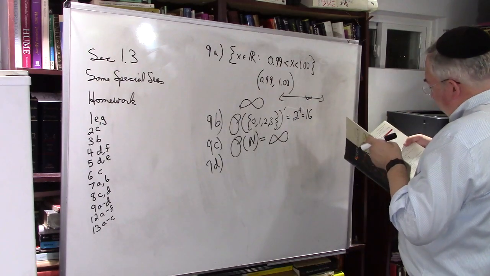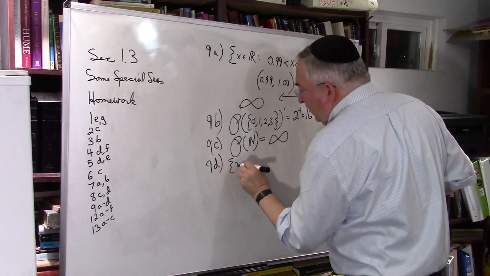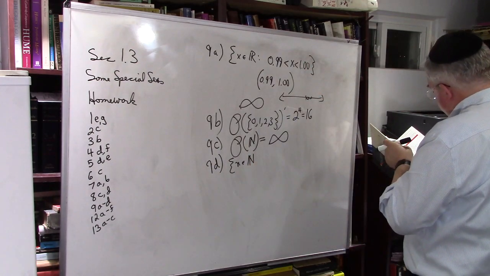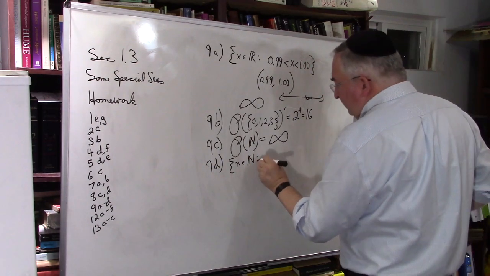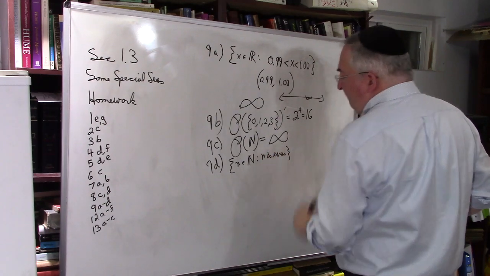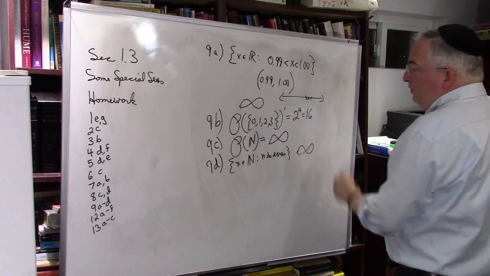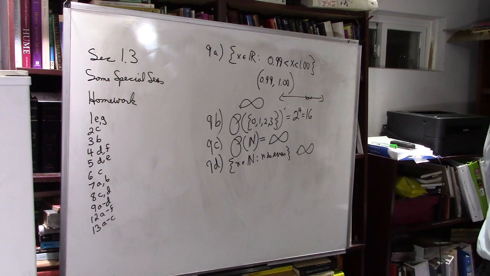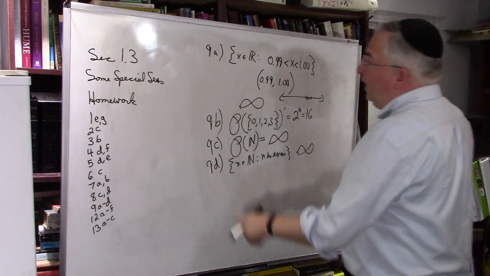This is n member of N such that n is even. Anyways, there's an infinite number of even numbers. So we'll leave that alone. Okay, so that finishes 9.